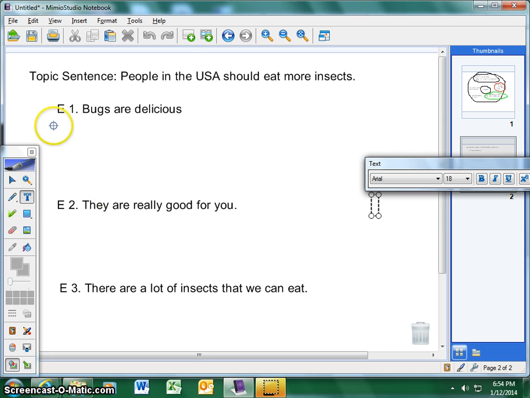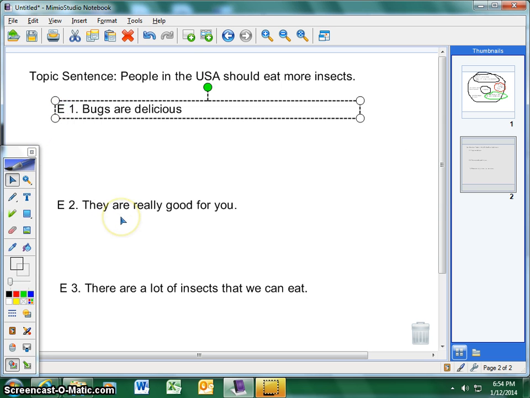All right. Every time you have a piece of evidence, you need analysis to go with it. Now, analysis is either proving your point, like proving why your evidence is important, or it's giving more information about your evidence.